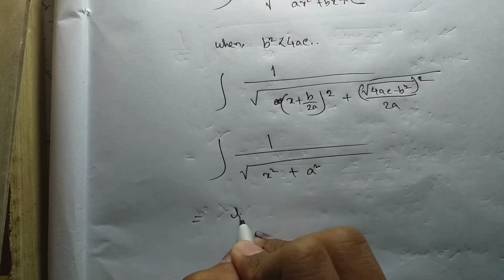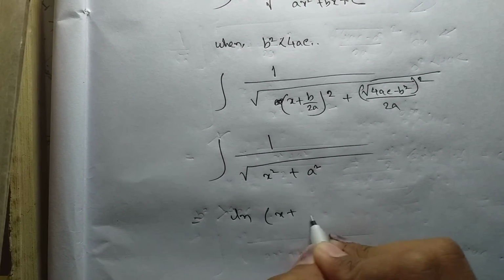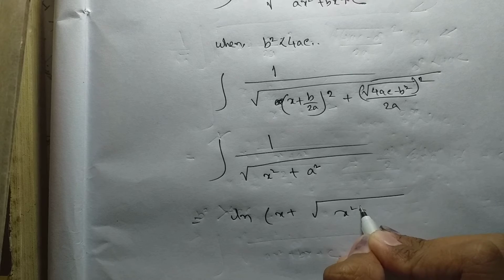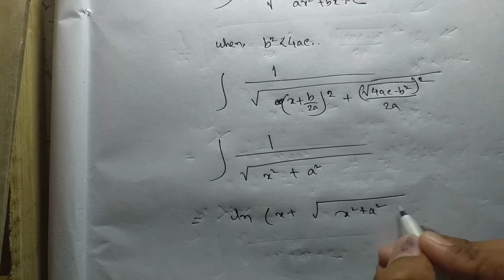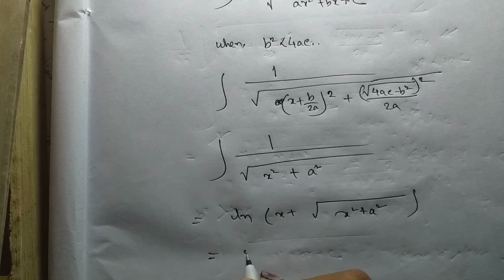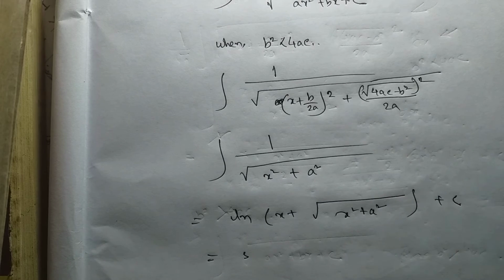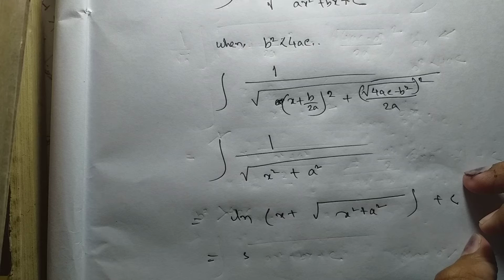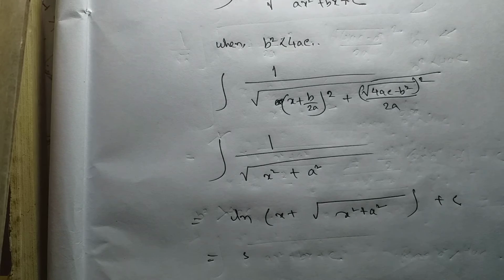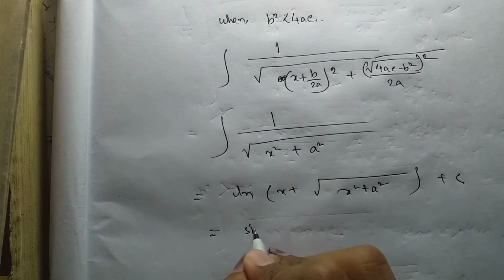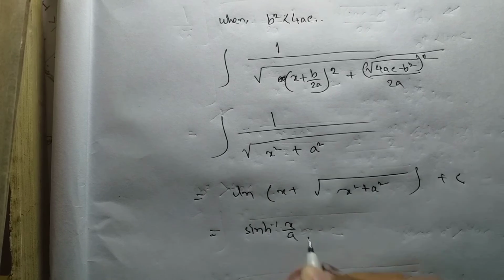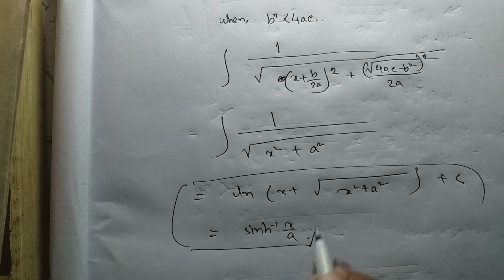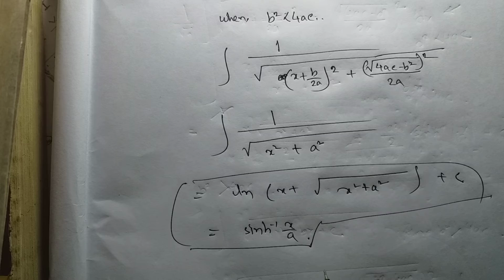We know that is ln of x plus root over x squared plus a squared, or sinh inverse x by a. Obviously you have to add the constant c. If you don't give the c, it is a mistake.